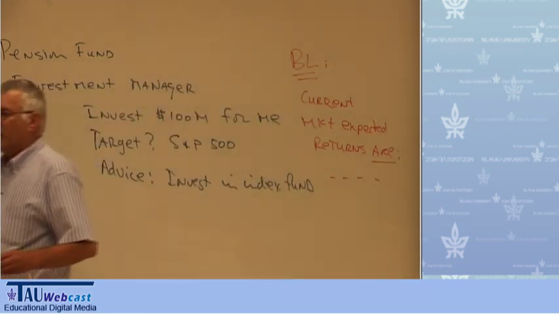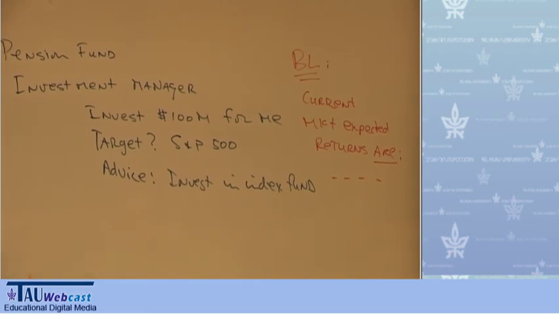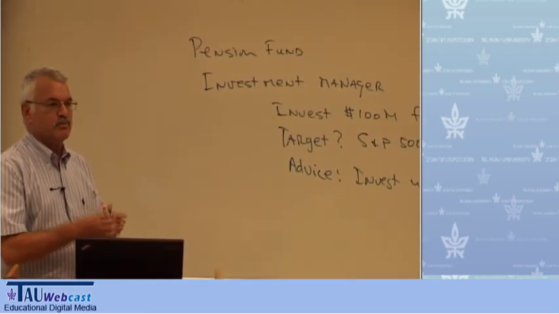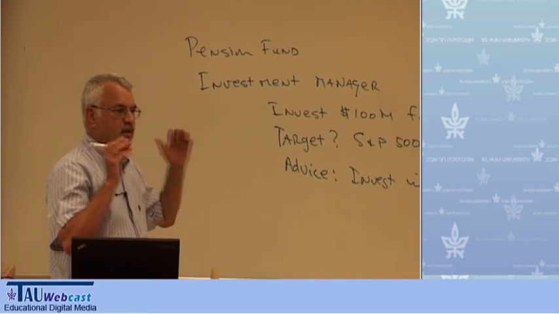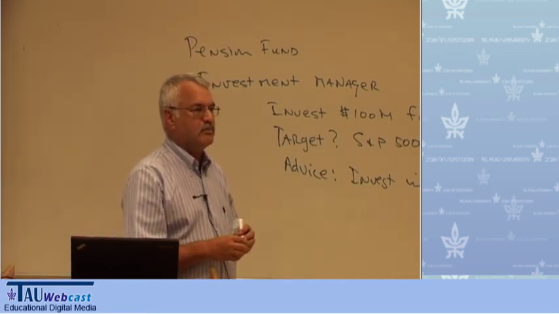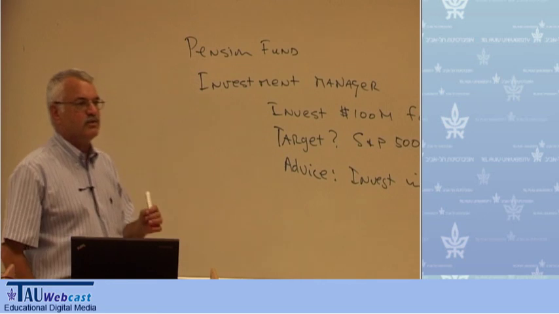Okay? So the investment manager in this Black-Litterman story, somebody walks in with $100 million. They say, our target is the S&P 500. The investment manager says, you know what?